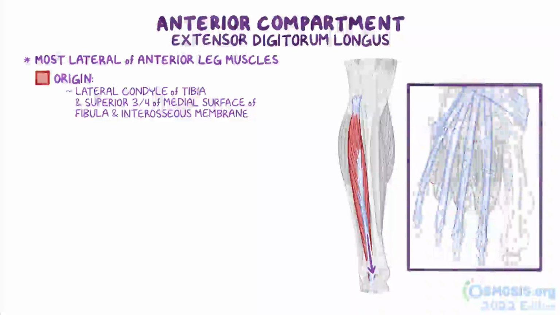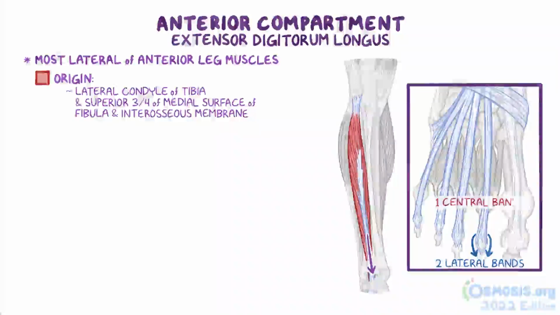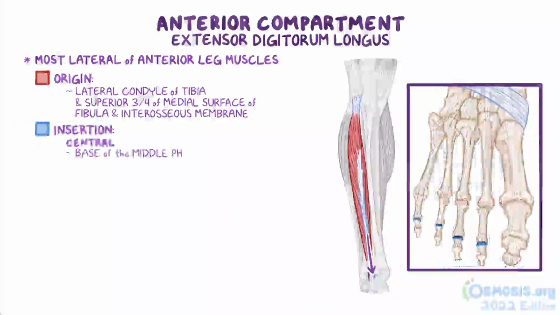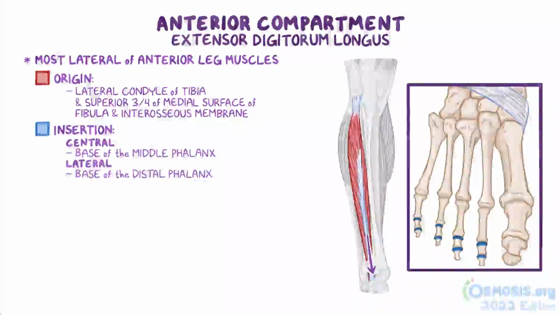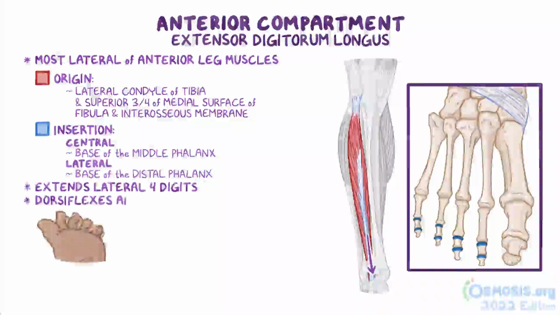Once the tendons reach the phalanges, they divide into 2 lateral bands and 1 central band. The central band inserts into the base of the middle phalanx, and the lateral bands converge to insert into the base of the distal phalanx. The extensor digitorum longus extends the lateral 4 digits and dorsiflexes the ankle.